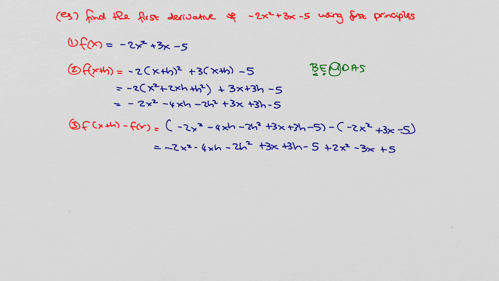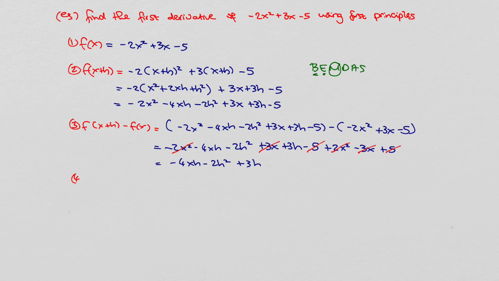So we look and we see, can we simplify? So we have a minus 2x squared and a plus 2x squared. We have a plus 3x and a minus 3x, and we have a minus 5 and a plus 5. So therefore, I'm left with minus 4xh minus 2h squared and plus 3h.